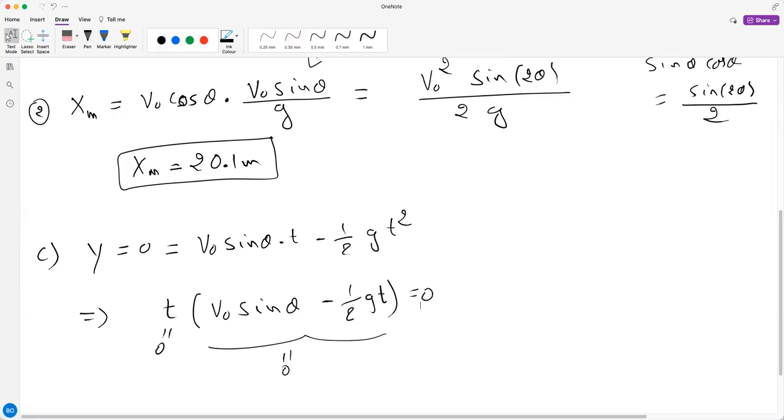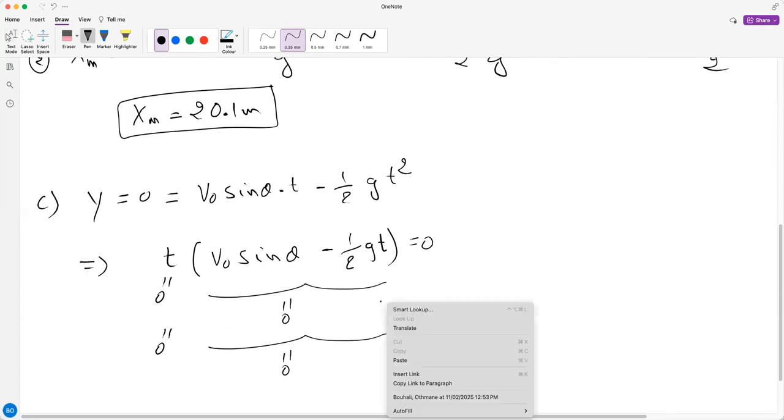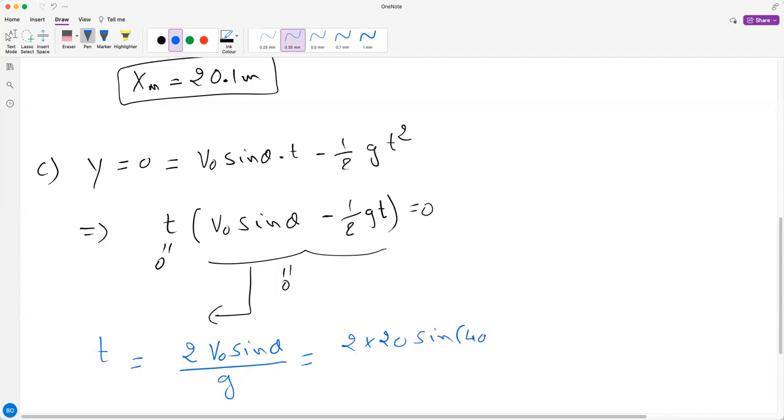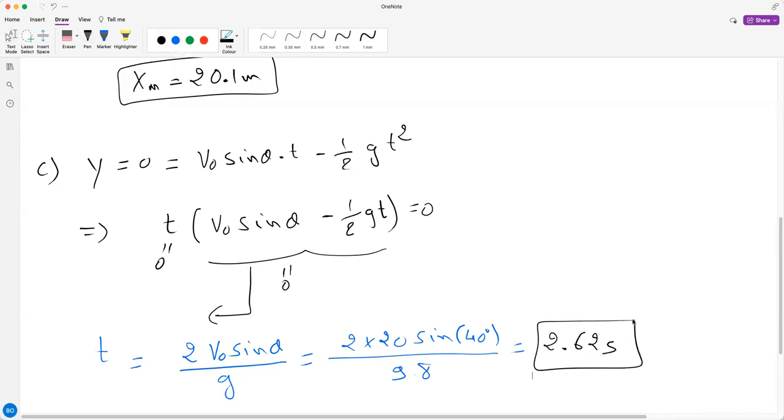This is exactly the time we are looking for: t equals 2 times v0 sine theta divided by g. So this is 2 times 20 sine 40 degrees, divided by 9.8, and it gives a time equal to 2.62 seconds. This is the time we are looking for.